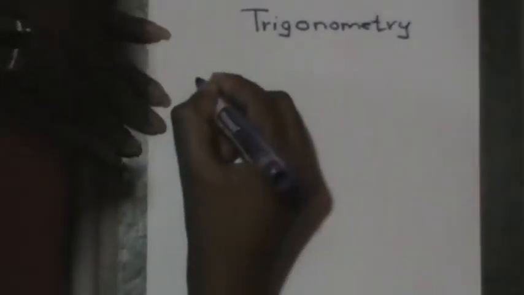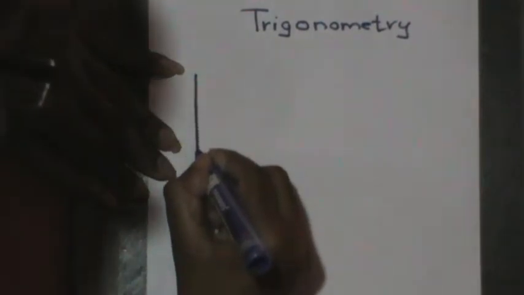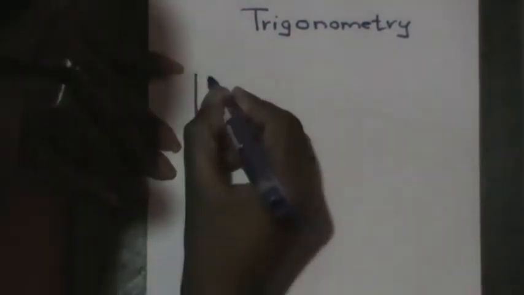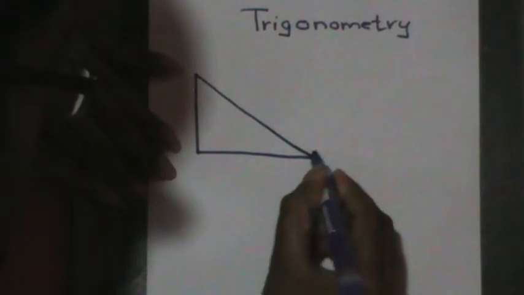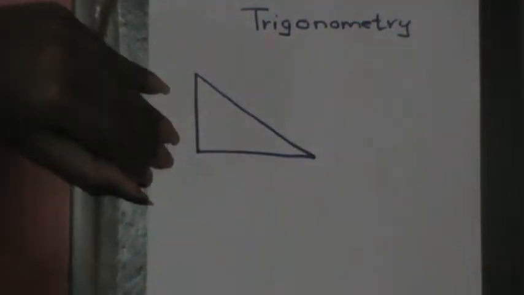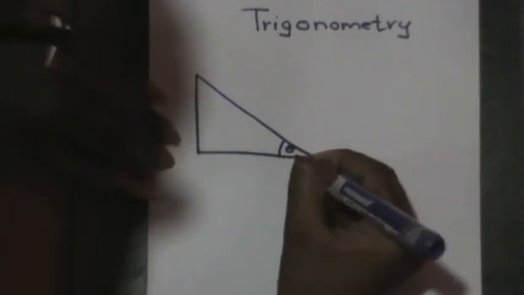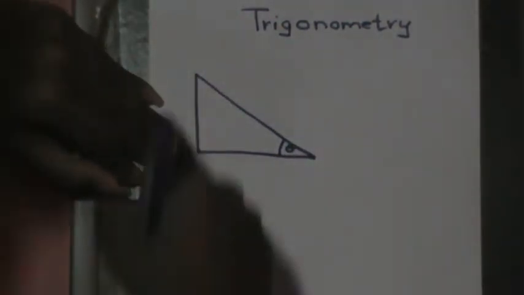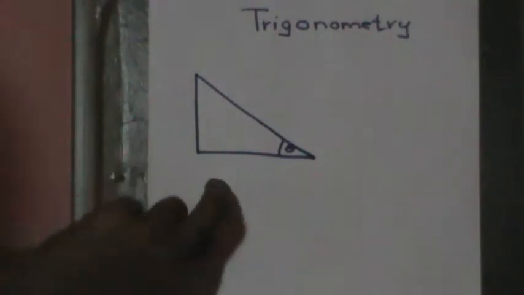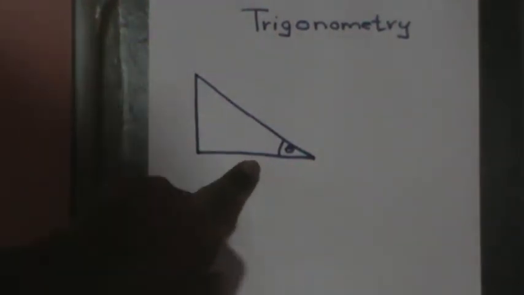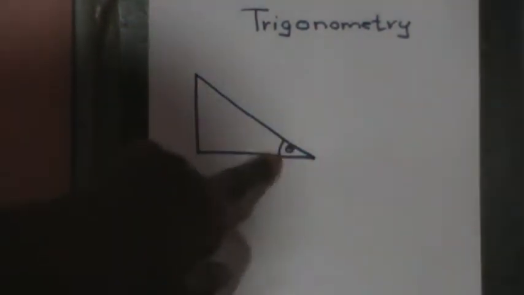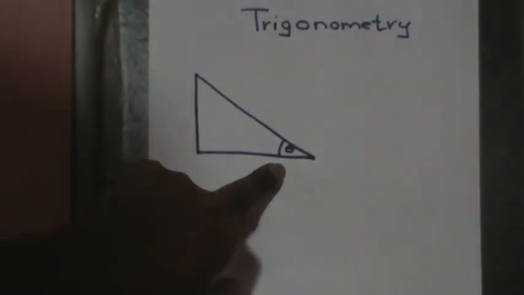So I take a right angle triangle, and I call this inclination theta. I'll call this one the adjacent side because it's just adjacent to the angle I have made here.